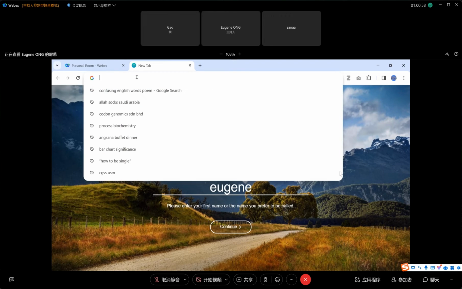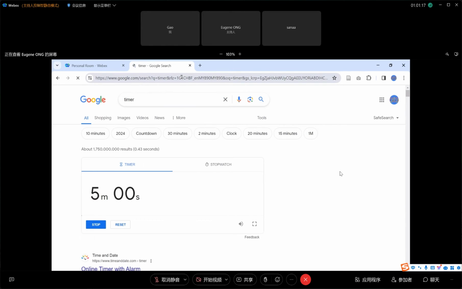Yeah. So a new keyword. What should we talk about? Random word generator.